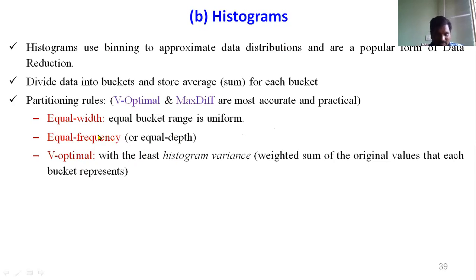How can you perform the partitioning? You take the partition 0 to 10. What is the way of performing the partitioning? V optimal is the one with the least histogram variance, that means the weighted sum of the original values that each bucket represents.